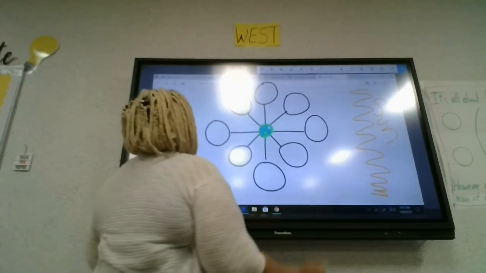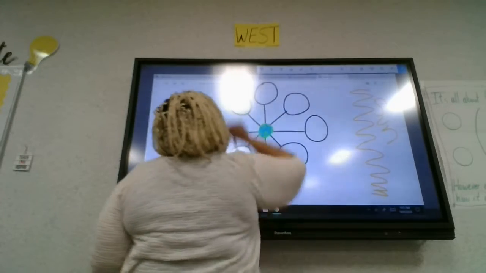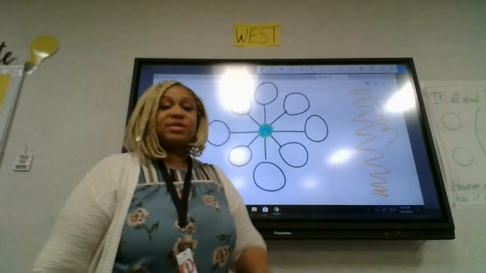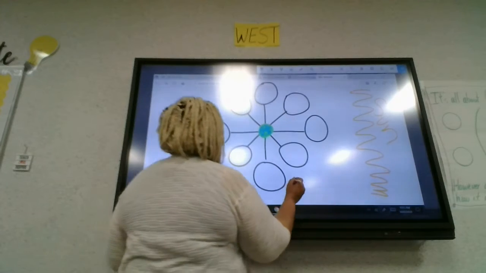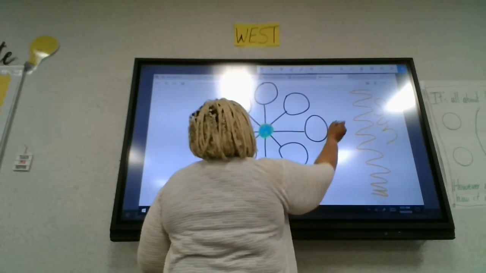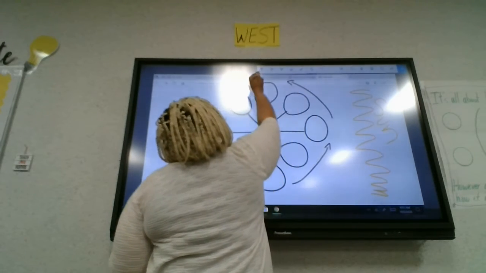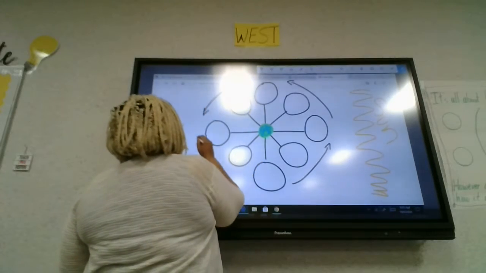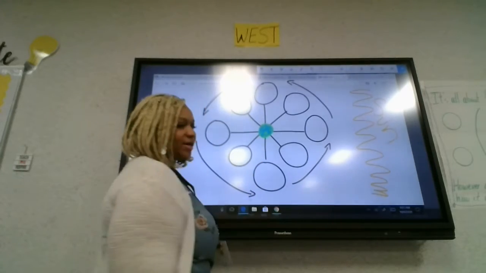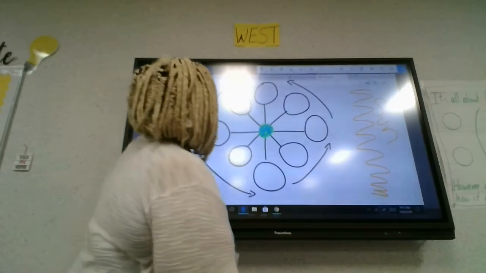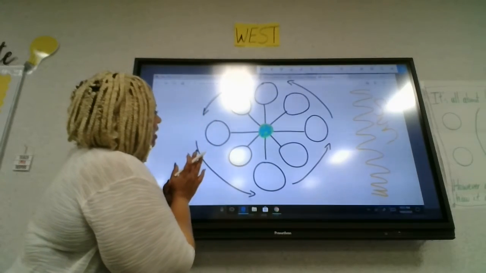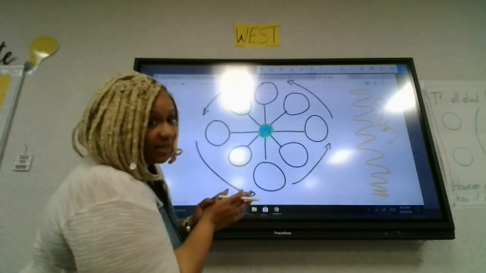That's my Earth. All right. So when we discuss the lunar cycle, remember, everything goes in a counterclockwise direction. All right. So let's go ahead and begin.